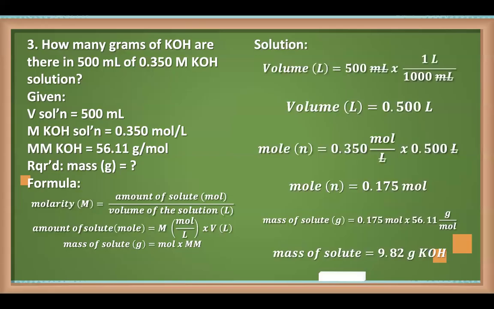You can directly substitute the values and then solve for it. And you will see here that the volume is converted first into liters because we have 500 ml there. So in liters, that's 0.5 liters. And afterwards, the mole over liter is multiplied to 0.5 there.